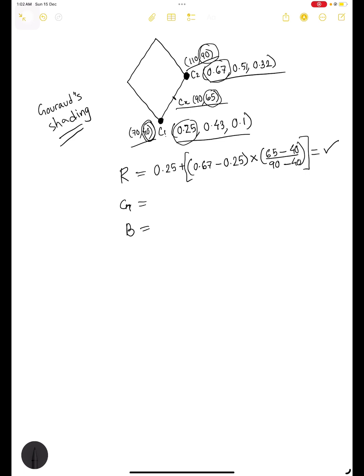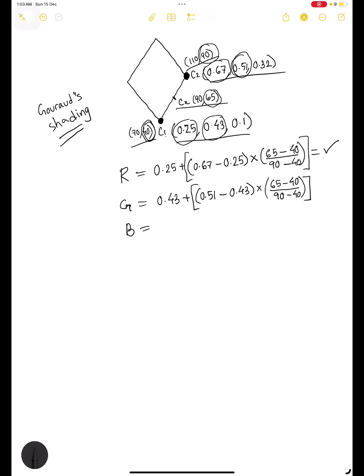Similarly, to find the green component, it starts from 0.43. With this, we will add the difference between the two green components, so 0.51 minus 0.43. With this, we will multiply again the same y coordinate proportions, so 65 minus 40 divided by 90 minus 40.